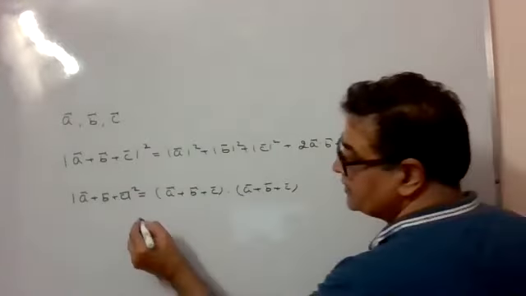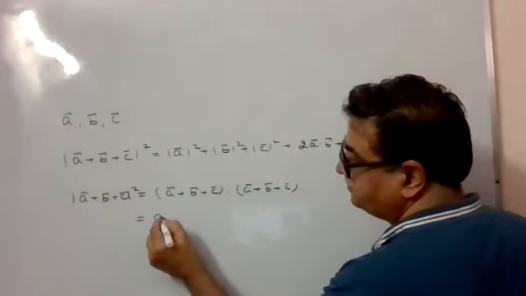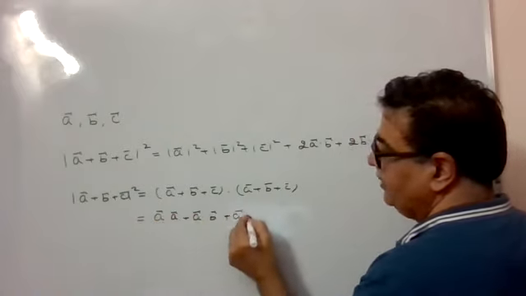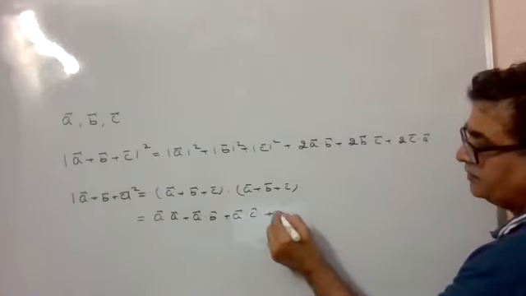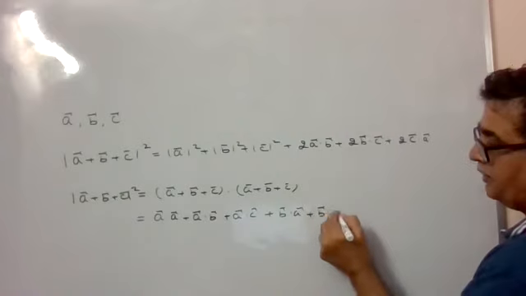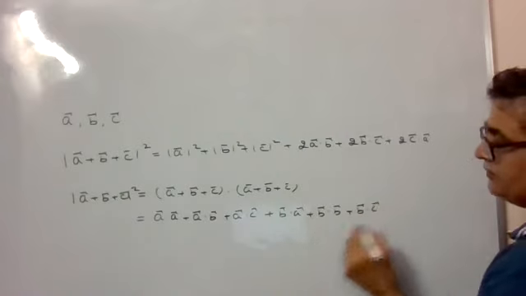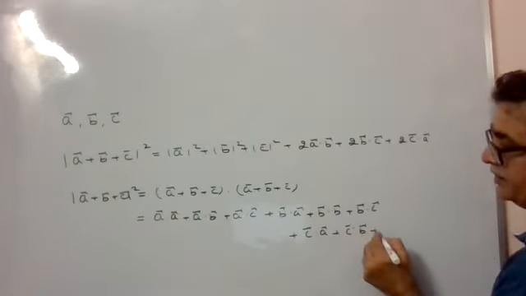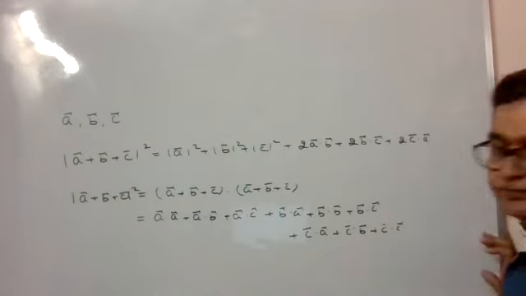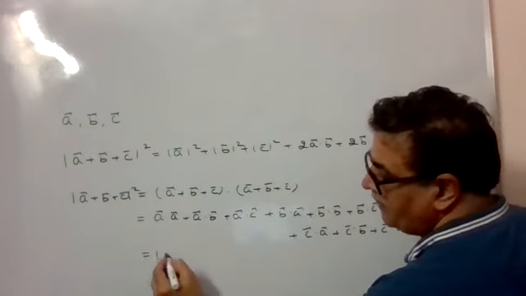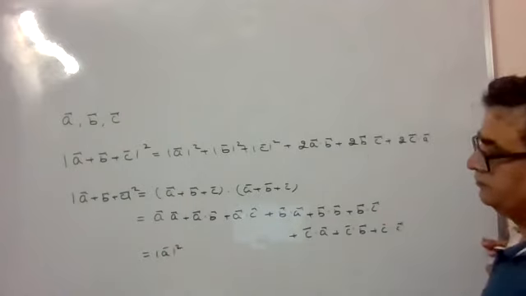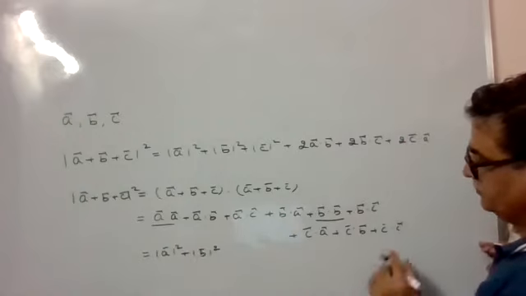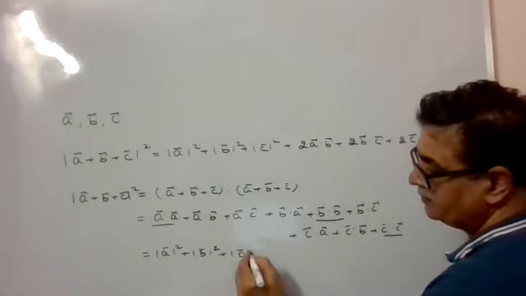Now when you solve it, first go for distributive: A dot A, then A dot B, then A dot C, then B dot A, B dot B, B dot C, C dot A, C dot B, C dot C. This is nothing but magnitude A square, magnitude B square, magnitude C square.